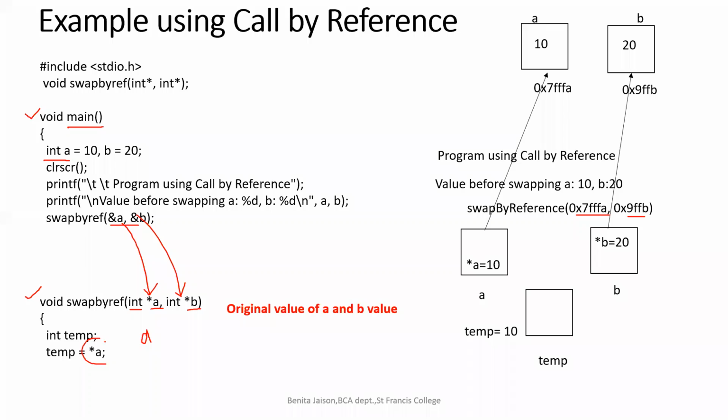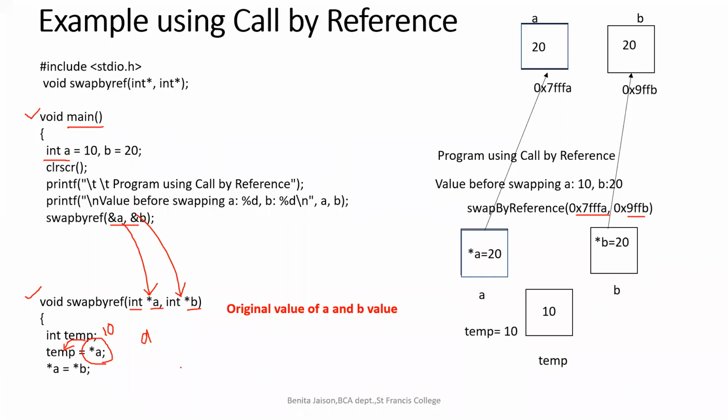If I use asterisk A, that is, if I dereference the pointer variable using the asterisk symbol, we get the value of A. What is the value of A in main? It is 10. That value will be assigned to the variable called temp. Got it? So in temp we are just copying the value of A.